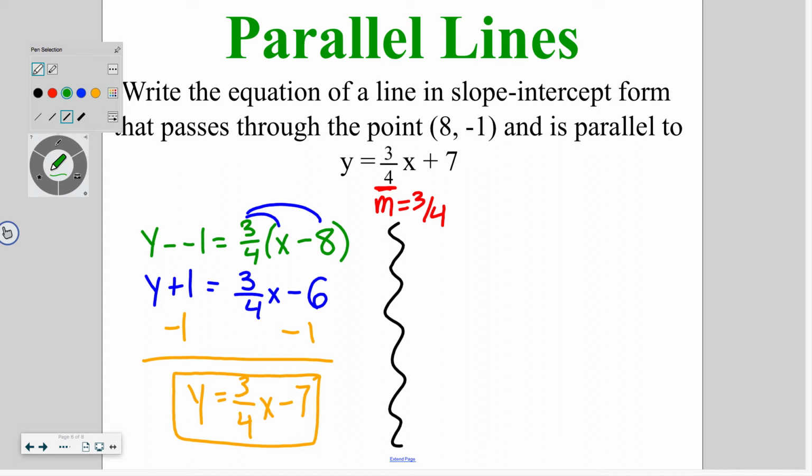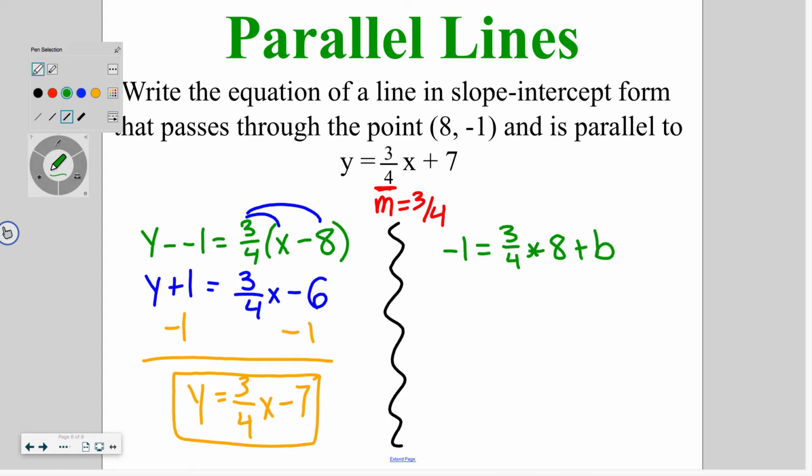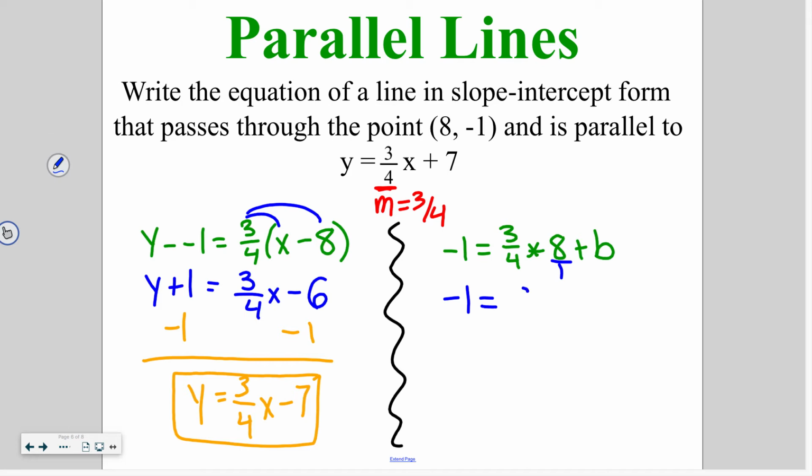If I come over to the other way and decide to solve for b, I'm going to start by saying negative 1 is equal to my slope of 3/4 times 8 plus b. After I multiply, again, I'm going to do 3 times 8 over 1. 3 times 8 is 24. 4 times 1 is 4. 24 divided by 4 gives me an answer of 6 plus b.